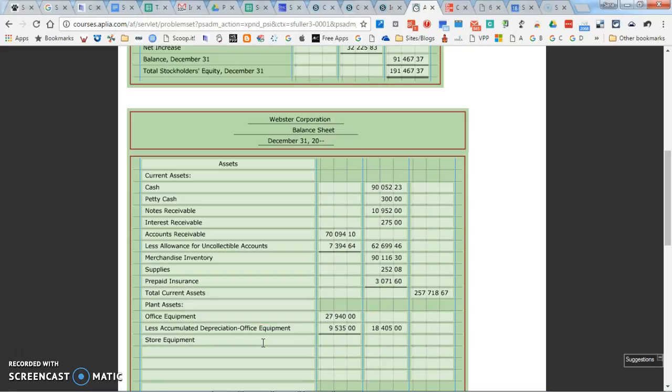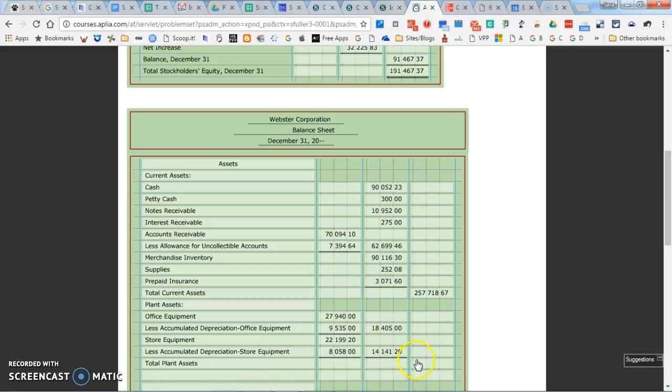Okay, next is store equipment. First column, $22,199.20. Next line is less accumulated depreciation store equipment. First column, $8,058. No cents. Then we will subtract these two. Middle column, $14,141.20. Next line is total plant assets.